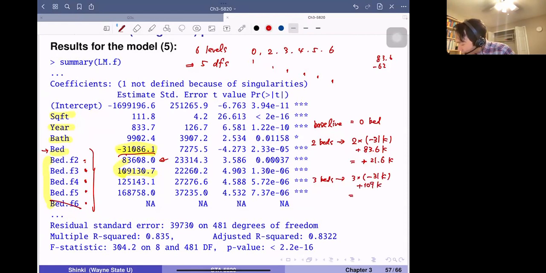So that is 109 minus 93, so 16. So $16,000 more than no bedrooms. So that means that actually it's worth less. So 2 bedrooms has more value than 3 bedrooms.